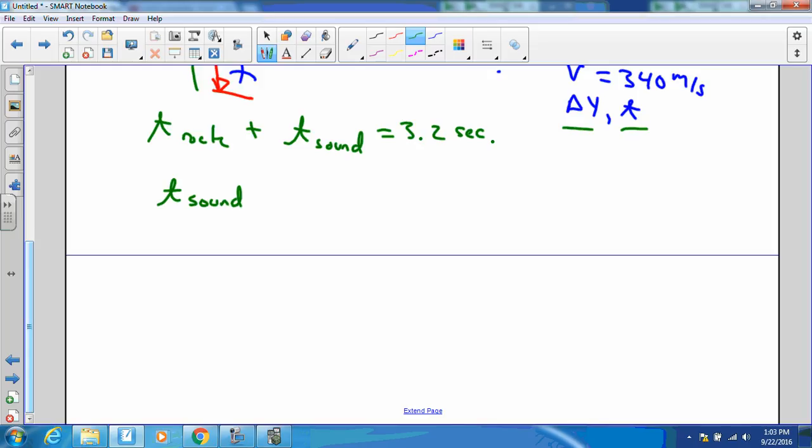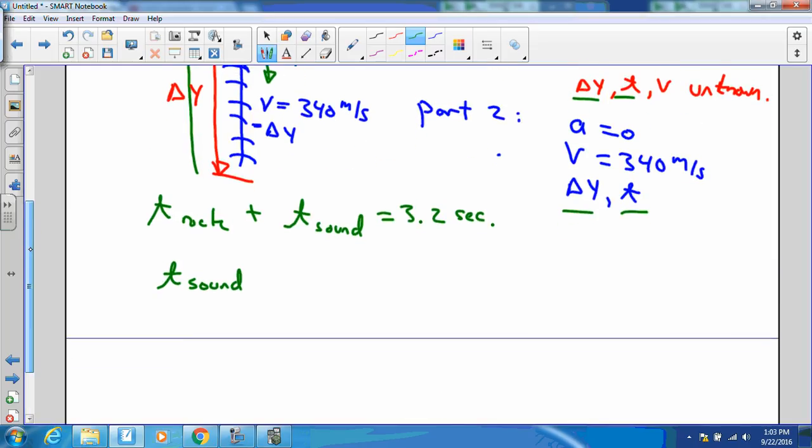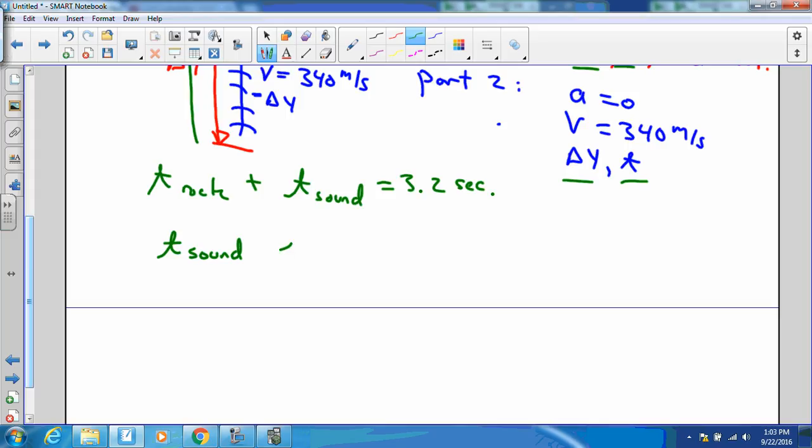And it's going to start with the observation that the time that it takes for sound to travel the cliff at 340 meters per second is going to be a lot less than the time that it takes for the rock to fall. This double inequality means T rock is very much bigger than T sound.